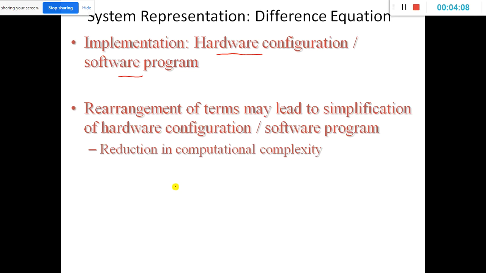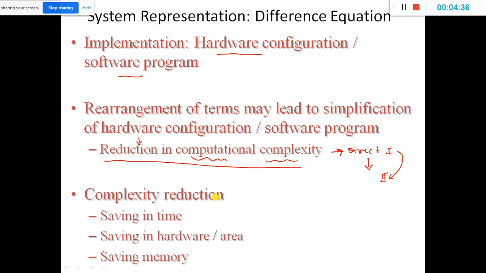Ultimately, some rearrangements are required, and I will tell you how rearrangements are going to be done, so that I get a reduction in my computational complexity. That we will see in direct form 1, and when we move to direct form 2, we can see the computational complexity is going to be reduced.